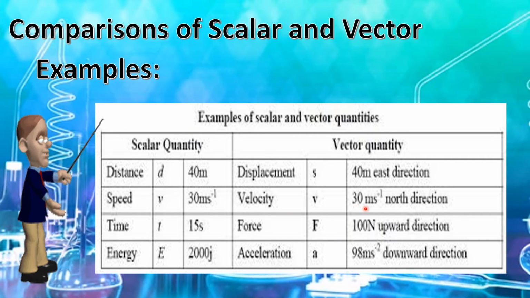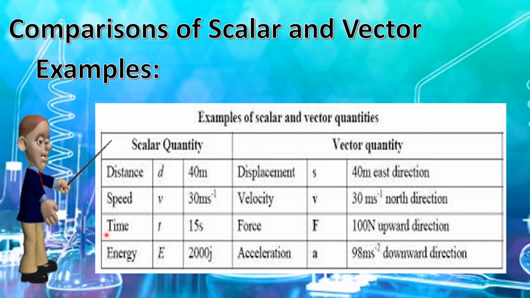The example of velocity here is 30 meters per second north. So 30 meters per second is the magnitude or the size, and north is the direction. So it has size and direction. That's why it's an example of a vector quantity.